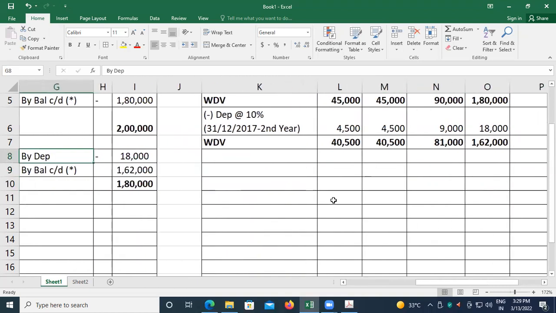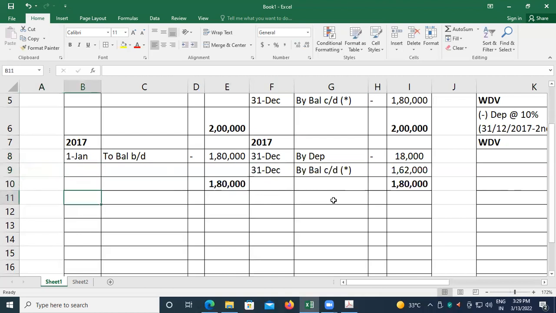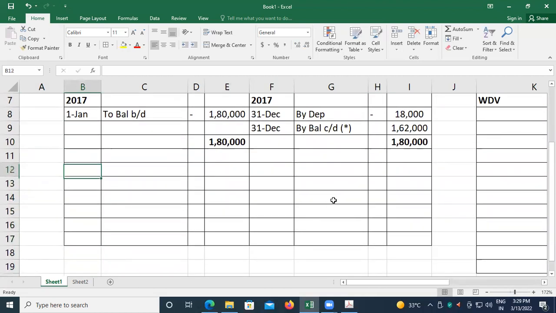Let us go to the next year. So now what I'm going to do, 2018 I'm going to solve. So here I will write beginning 2018. Here also will come 2018, because next year is the balance. And here what will come? January 1st, to balance brought down, 1,62,000.